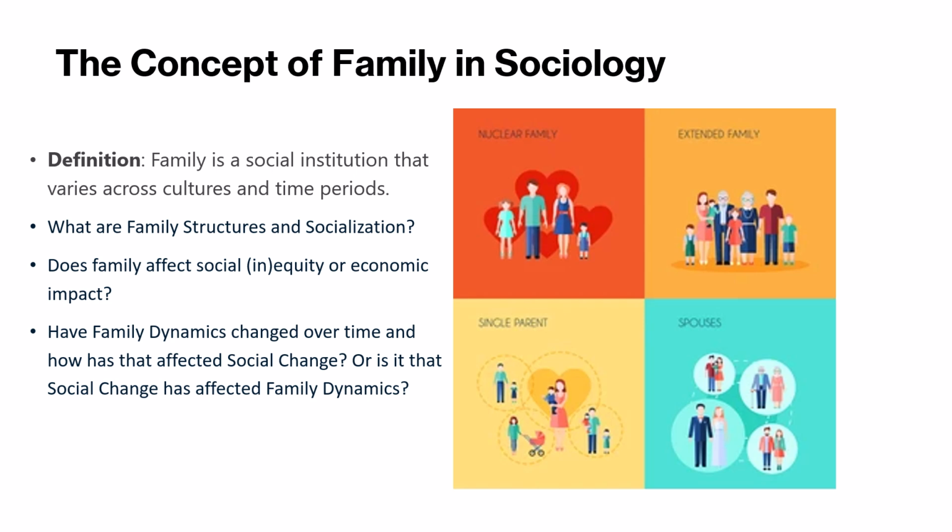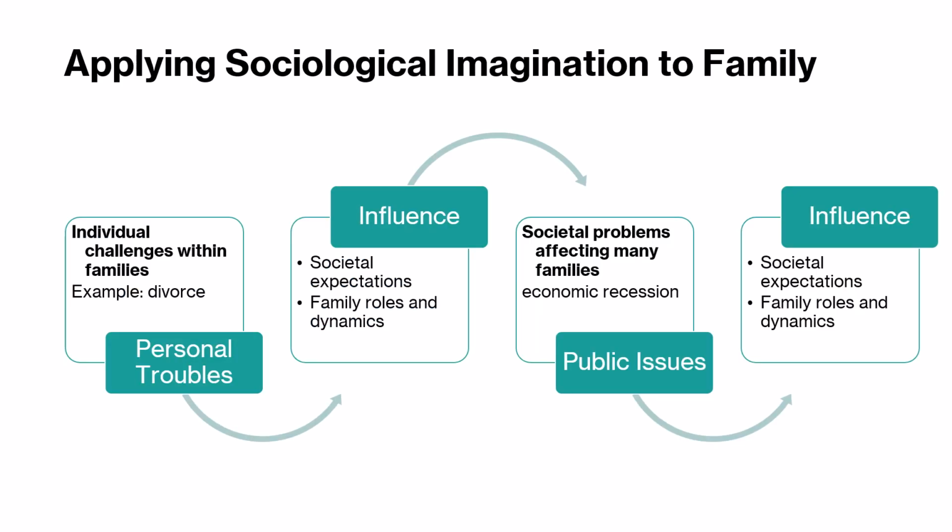This slide has in its notes a list of many questions that could be identified by sociologists. Perhaps you have already thought of a few questions you have yourself. When applying the sociological imagination to family, we often run into which came first, the personal trouble or the public issue? Which influences what?